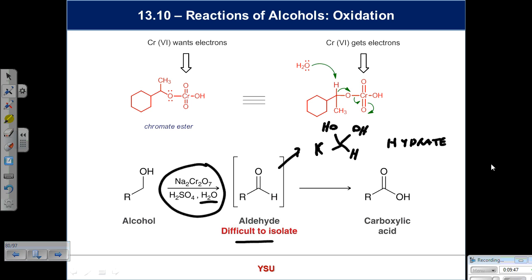Now, for those of you who are getting into mechanism and starting to think, well, okay, I'm not going to cover the whole thing, but I can logically work out what might happen here. This OH and this OH are not a lot different to the starting OH. And sodium dichromate doesn't differentiate, and the chromic acid doesn't differentiate. So what you can get here is another molecule of the chromic acid forming a second chromate ester right there. And you get the same process over.